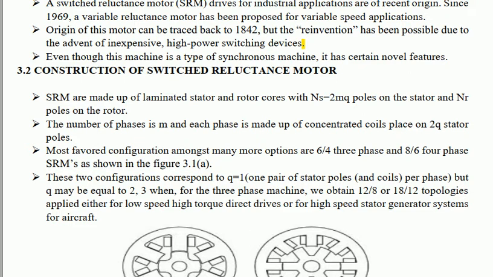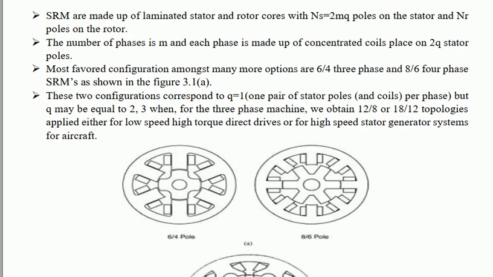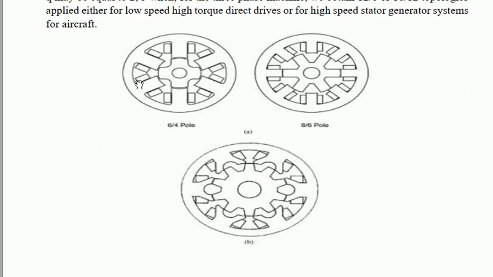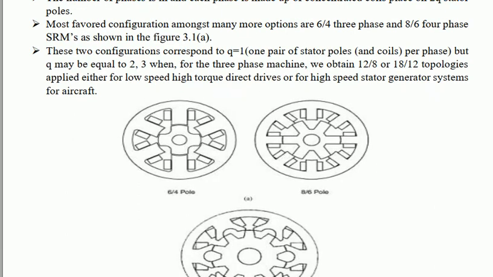The most favored configurations amongst many options are the 6/4 3-phase and 8/6 4-phase switch reluctance motors, as shown in figure 3.1a. This is the figure 3.1b, and this is for the 6/4 pole switch reluctance motor. This is for the 8/6 pole switch reluctance motor.